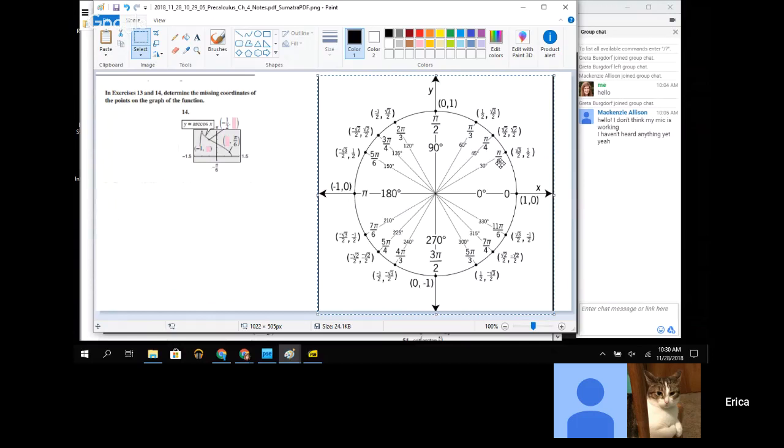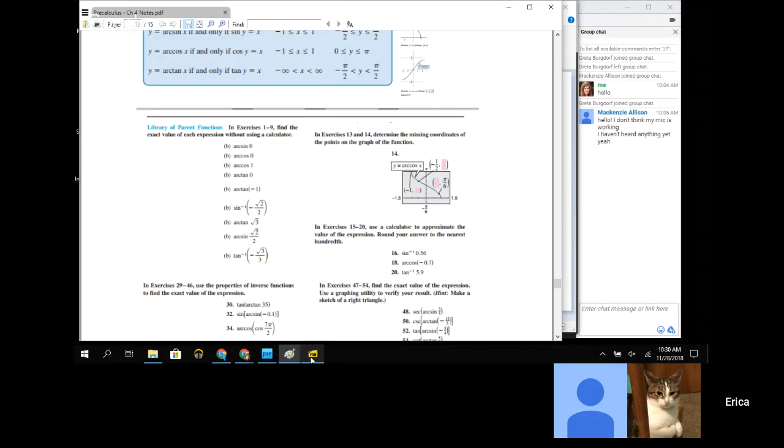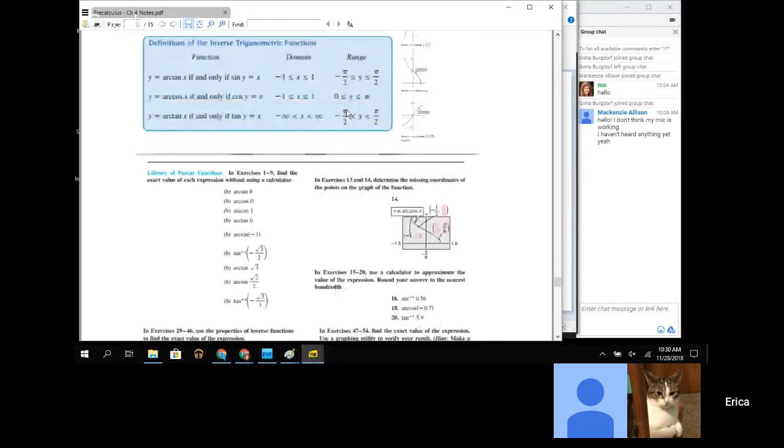Okay, so first of all, let's talk about this. This is a graph of the arc cosine curve. Remember, if you go back to your notes, the arc cosine is only true when y is between 0 and pi.